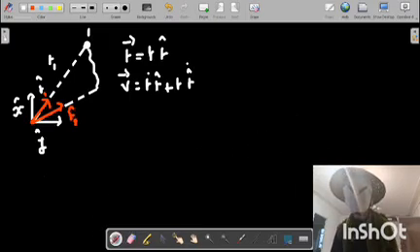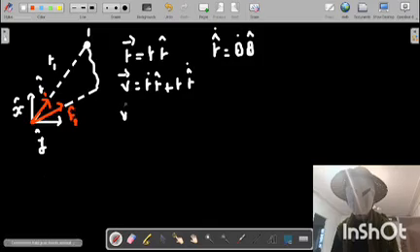Okay, so velocity, let me write it here. r hat dot is equal to theta dot theta hat. Simple as that.